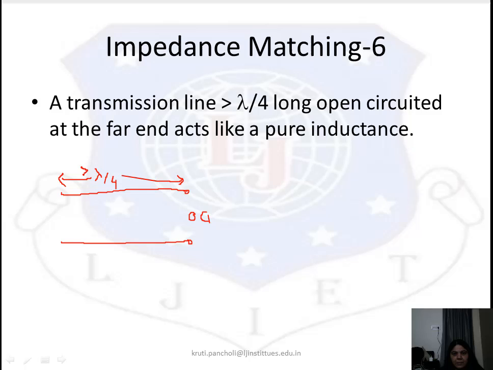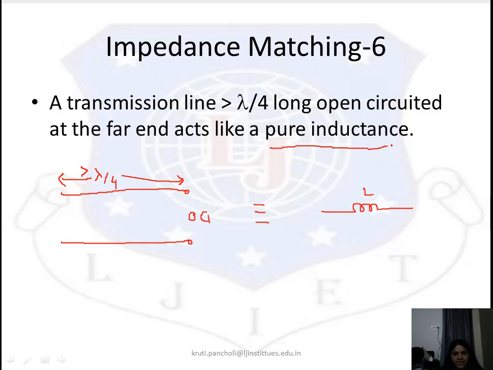Then this kind of transmission line will act as a pure inductance. So this is my L and it is the pure inductor.